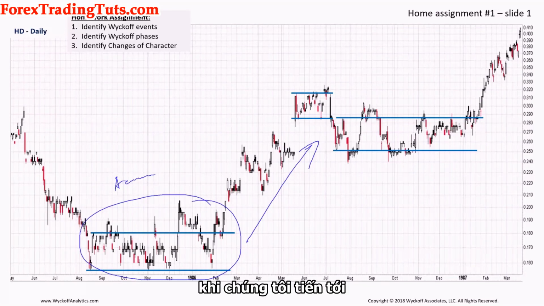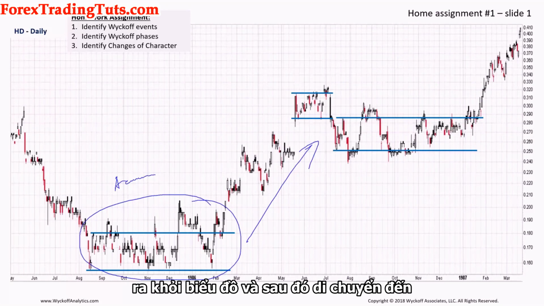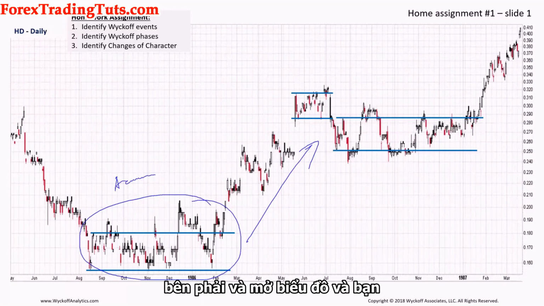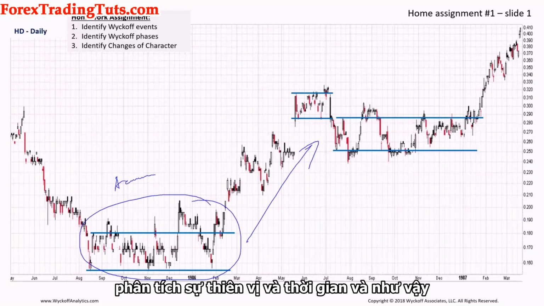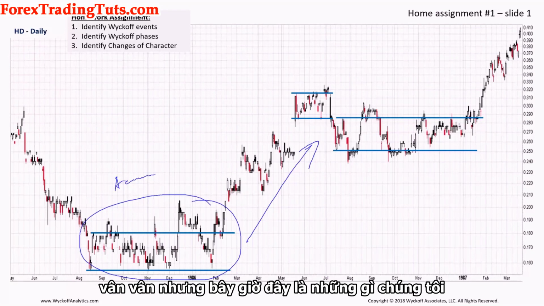As we progress to month number 2, that's when I'm going to start closing off the chart and then moving to the right and unfolding the chart as swings or bars occur. And then you will have to analyze the bias and the timing and so on and so forth. But for now, this is what we do.